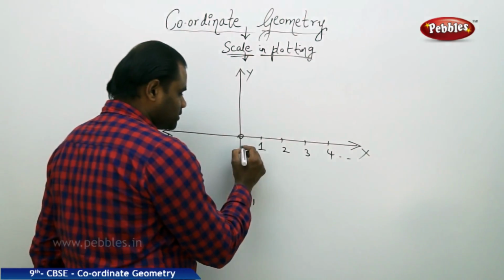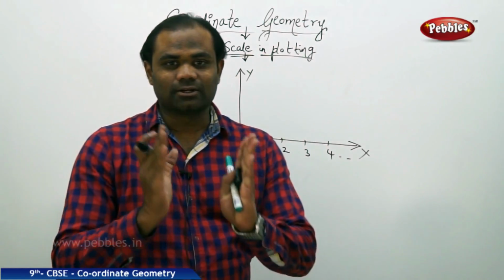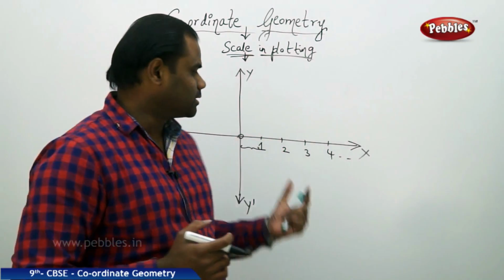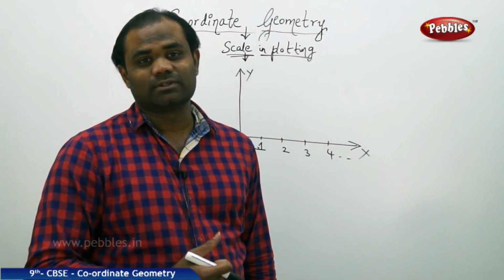that I have measured this to be 1 unit, and on the graph paper, the grid lines are generally at a distance of 1 centimeter each, and those grids are taken as the base of the scale.